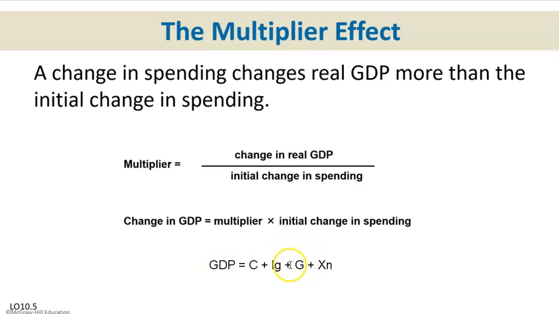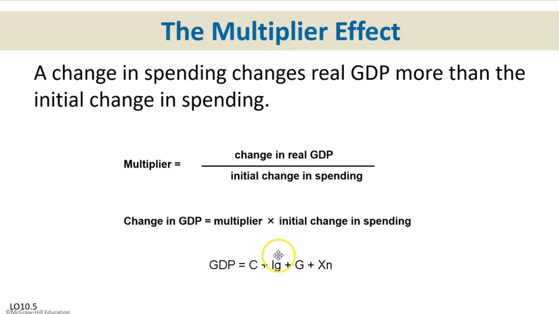But what will happen is that money keeps getting spent over and over again in the economy. So the change in GDP will actually be much larger than the change in government spending. And the amount by which it's larger, that's what we call the multiplier. So the idea is if the government increases their spending by 1 billion and GDP goes up by 5 billion, then the multiplier is 5.